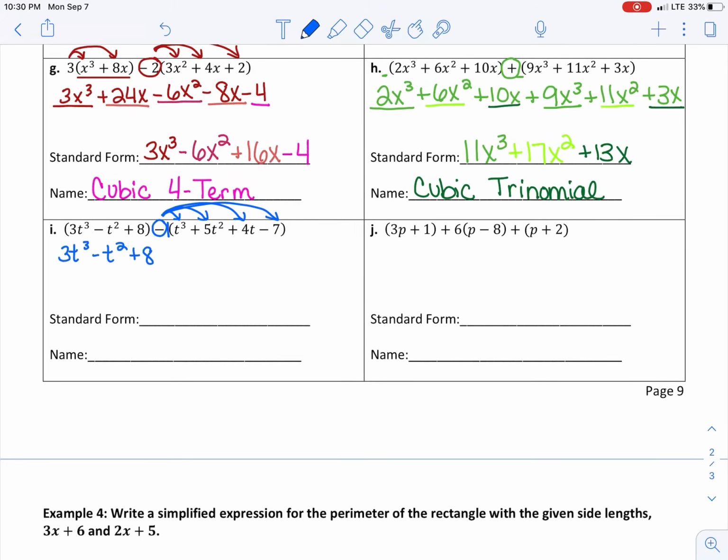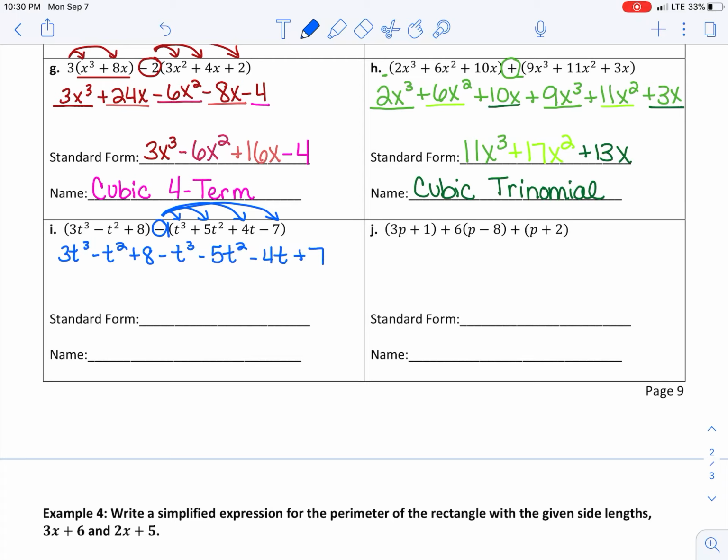Okay, so we have -1 times t to the third gives me -t to the third. We have -1 times 5t squared, which gives me -5t squared. -1 times 4t gives me -4t. And then I have -1 times 7, which gives me a +7.